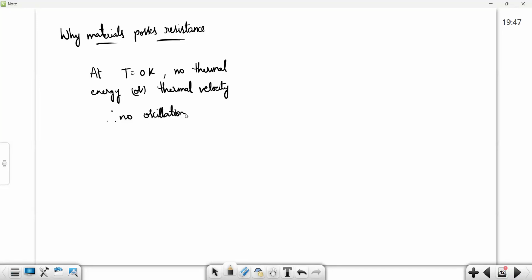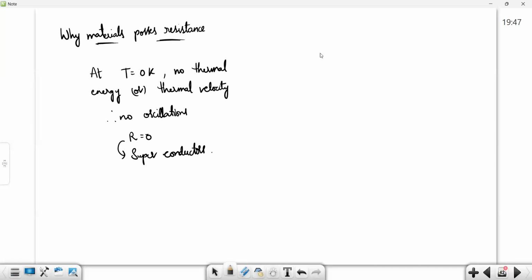If no oscillations, then no collision. If no collision, entirely it will flow freely. No resistance at all. If no resistance, R is equal to 0. So it will be called a superconductor. When the material behaves as a superconductor at T equal to 0 Kelvin. Fine.